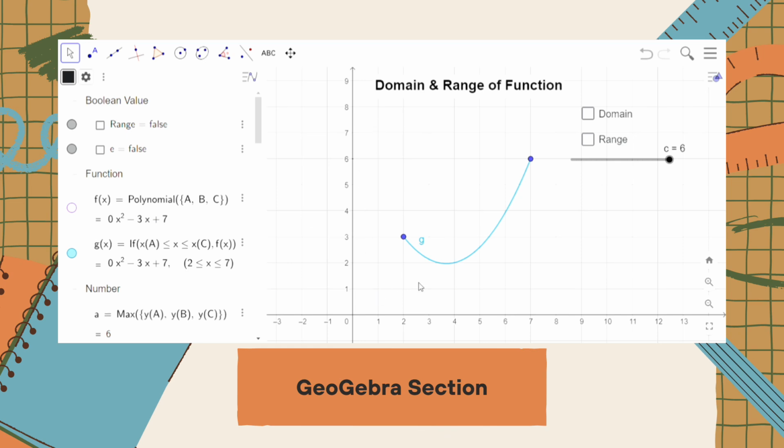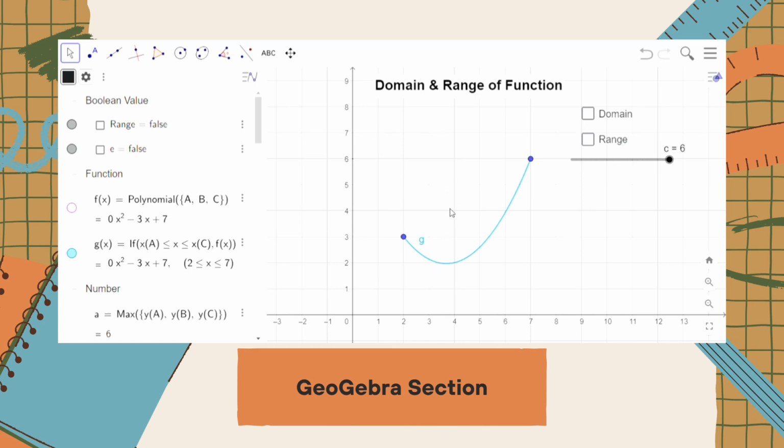Okay, so in order to find domain and range, you need to look at how far the graph goes left and right, and for the range, how low and high the graph goes.